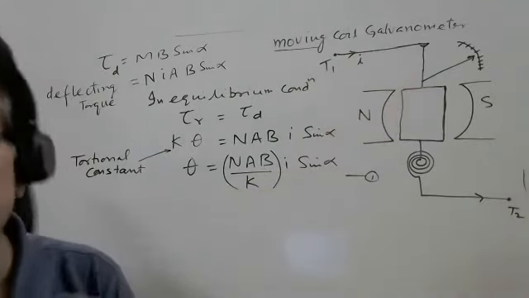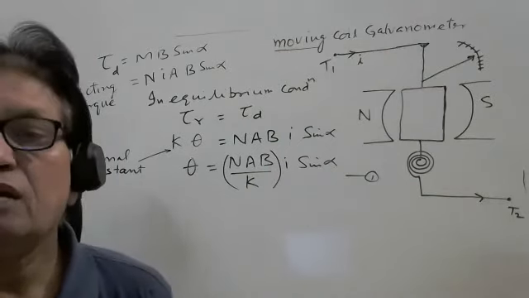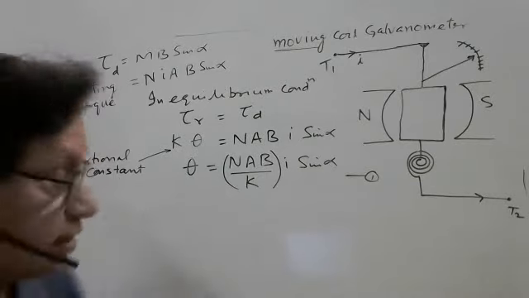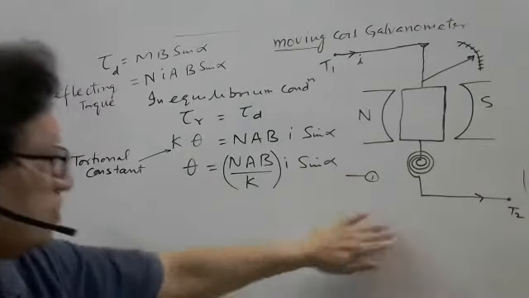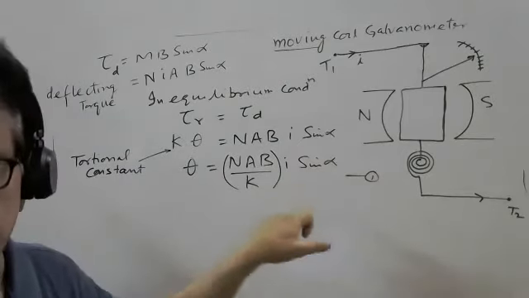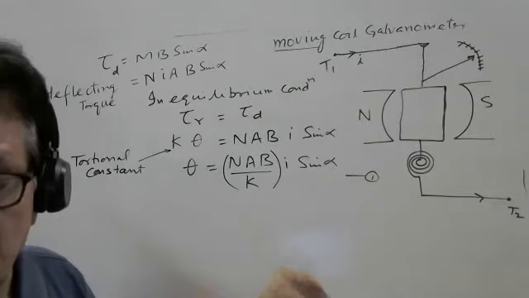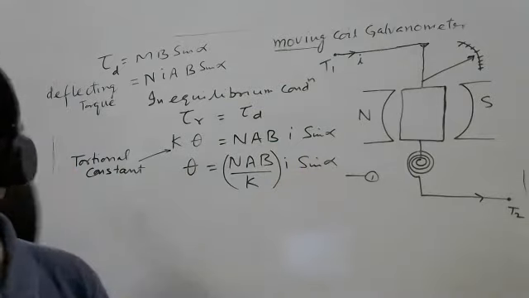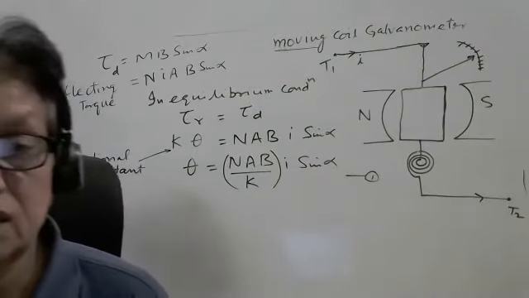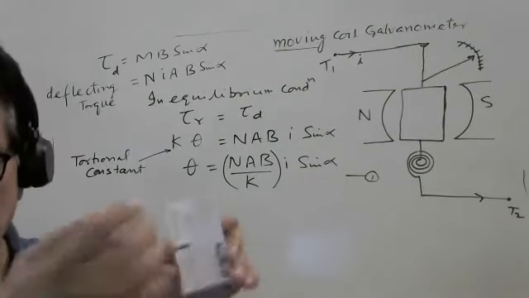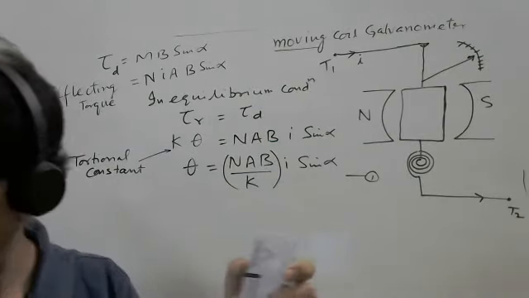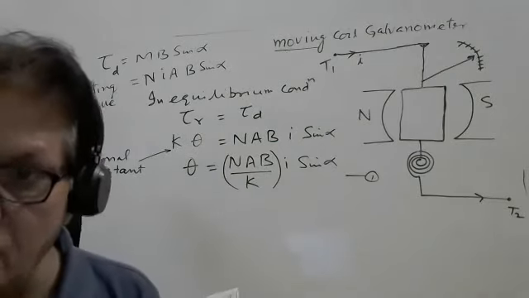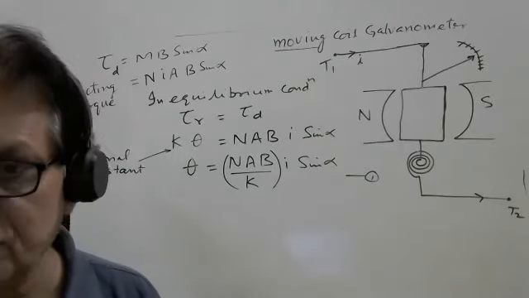To make it uniform, we must do something so that this deflection depends only on one quantity, that is current, because we are interested to measure the current only. It means it should not depend on alpha. But this is a hard fact: if this coil is rotating, the normal is also rotating. Despite rotation, how can you say alpha is a constant quantity? Definitely it is not.